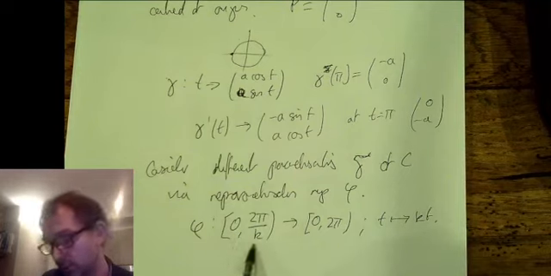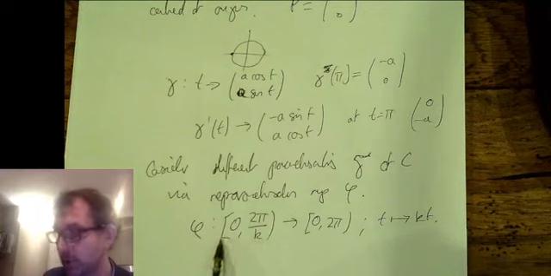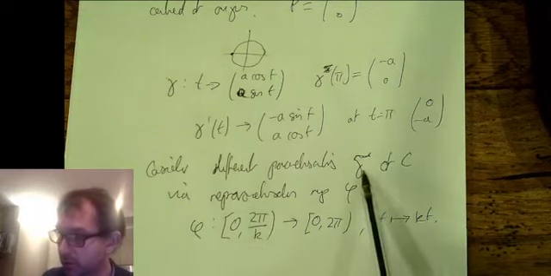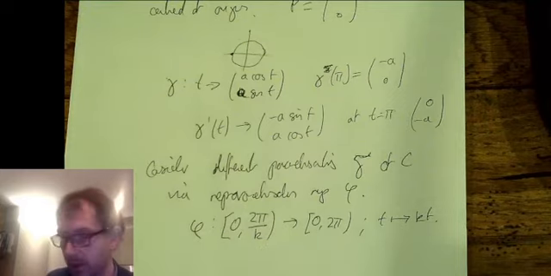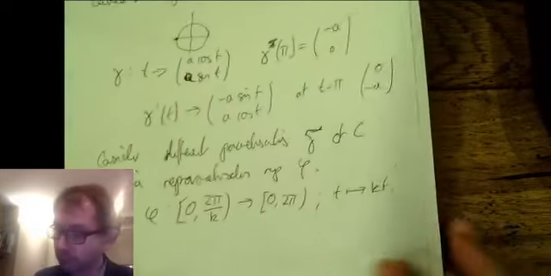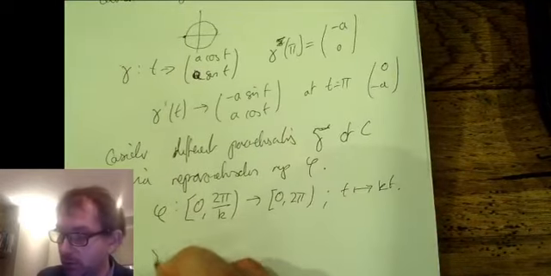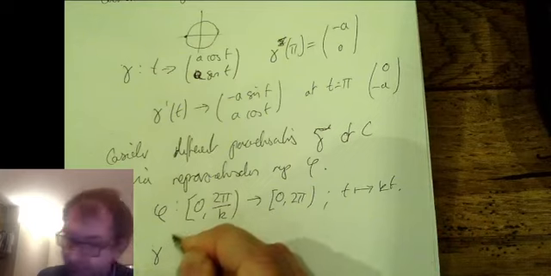So what we're doing here is we've shortened the interval, so our gamma tilde here is going to be running k times as fast as gamma round the circle. So what's gamma tilde going to be defined by?